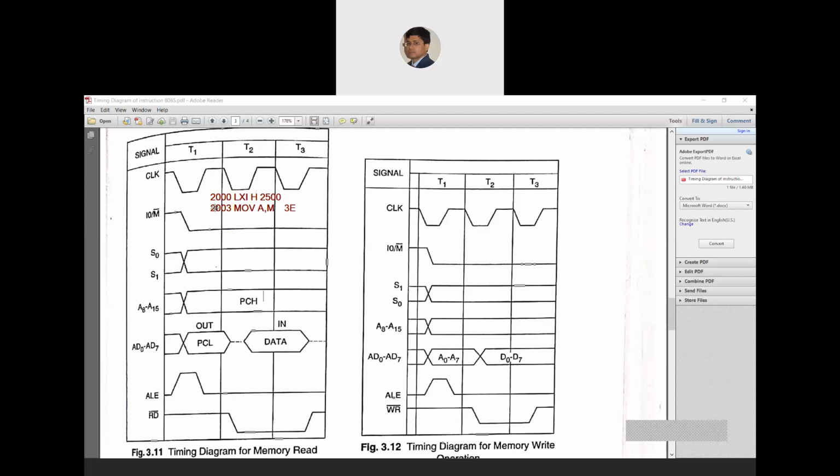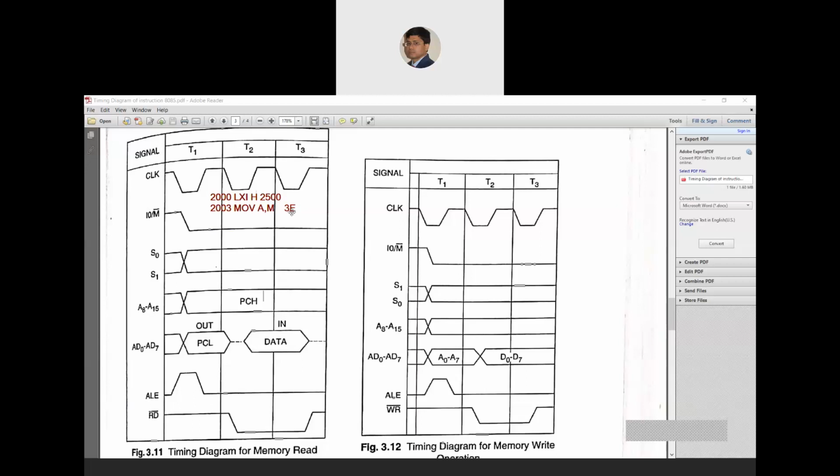At first you have executed opcode fetch operation, where the 8085 microprocessor fetches the data 3E from address 2003 and sends it to the instruction decoder.